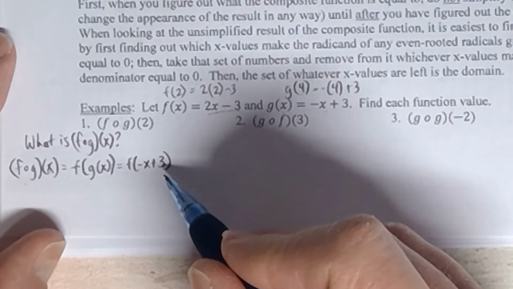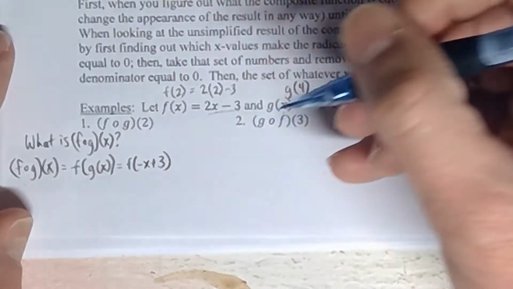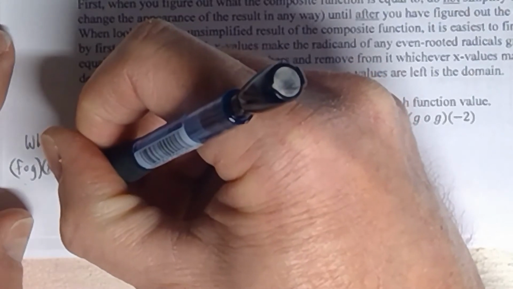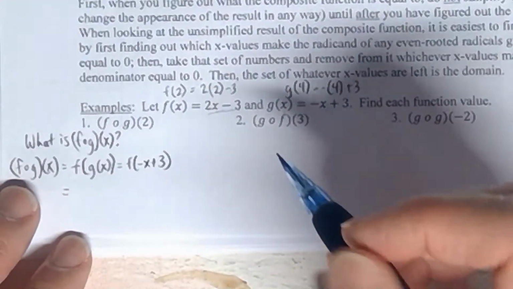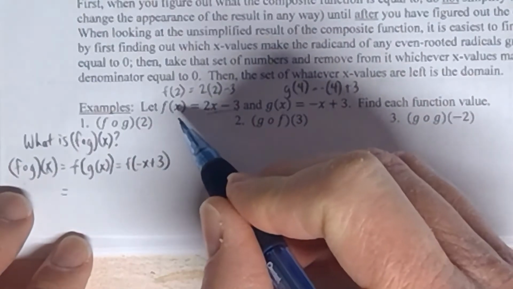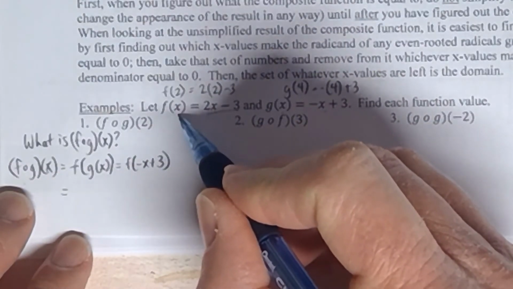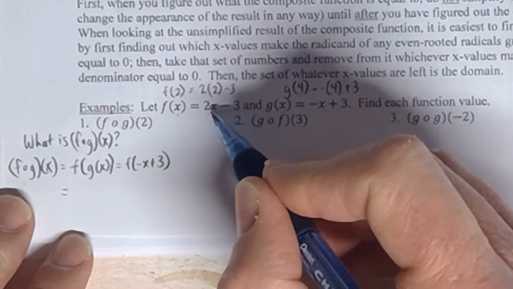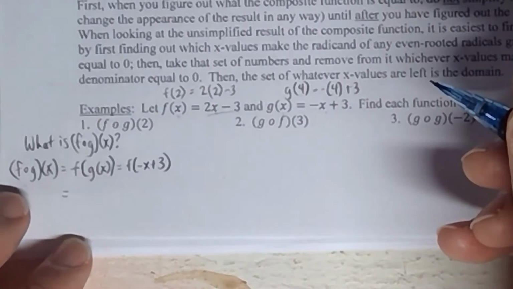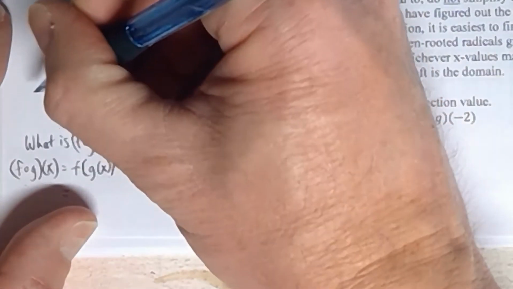All right, so what does all that end up being equal to here? Well, let's say it one more time. Whatever is inside of that parenthesis next to the f, no matter what it is, it goes here. In fact, let me write this down over here to the side.